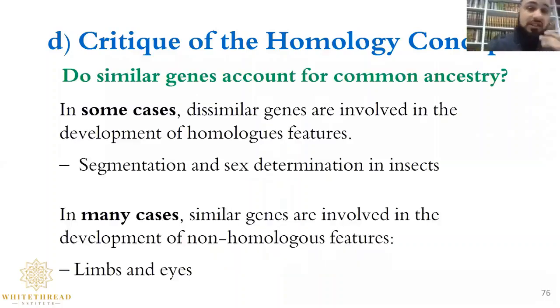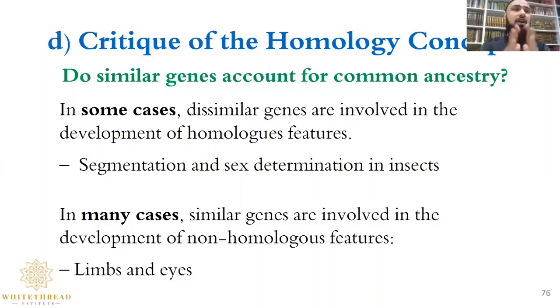Well, it turns out that that's a big problem for Darwinism as well, because in some cases you have dissimilar genes that are involved in the development of homologous features. When I say homologous, I mean features that look alike. So the genes are not the same, but they're contributing to features that are the same. So if you're going to base your argument on the gene being the natural mechanism underlying these changes, but different genes are giving the same features, how are you able to construct trees based on genes?